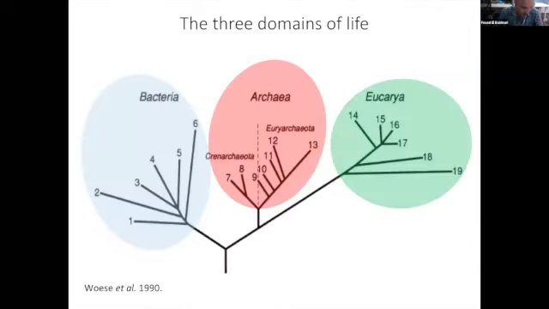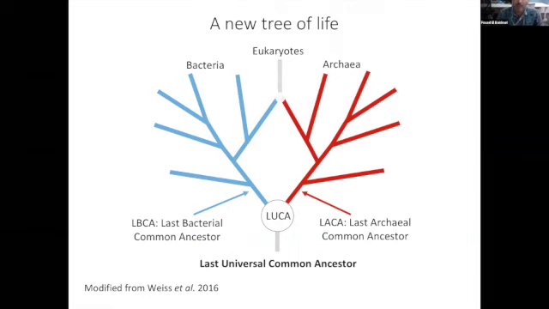All of you have seen this picture of the 3 domains of life by Woese et al. The discovery of Asgard Archaea a couple of years ago, or a little more, has changed our view. We moved from the 3 domains of life to the new model that Fraser gave a nice talk about yesterday, in which you have 2 primary domains of life, bacteria and archaea, and eukaryotes being a secondary innovation in terms of evolution.